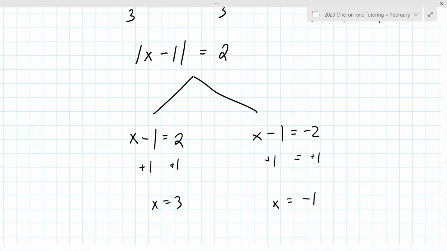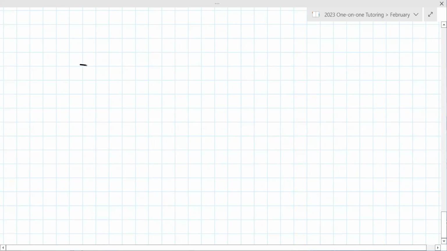All right, so let me give you one to try. Negative 2 absolute value x plus 3 equals negative 12.